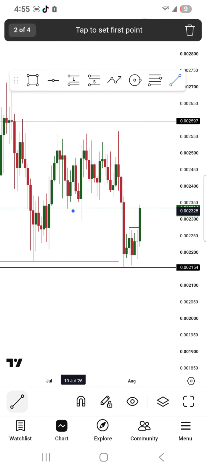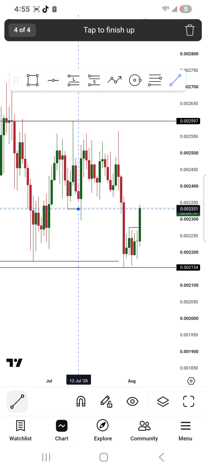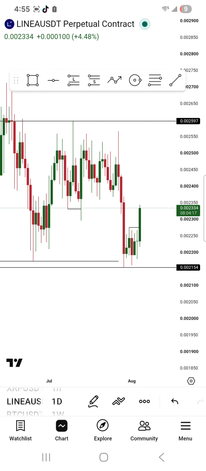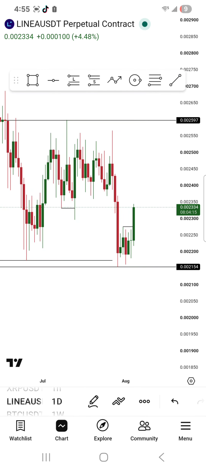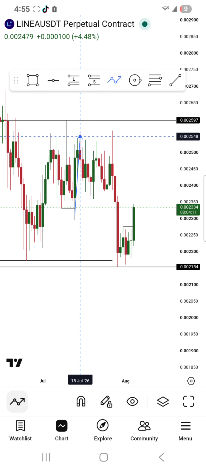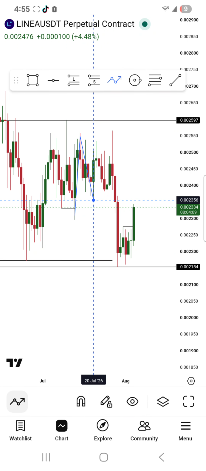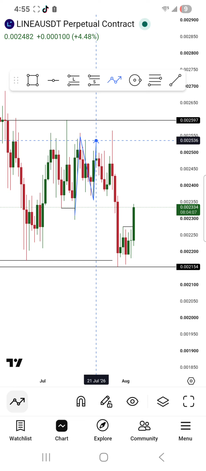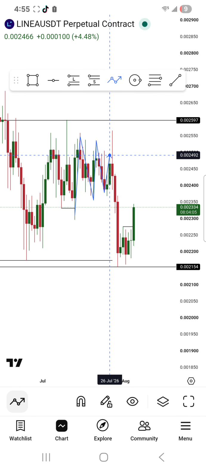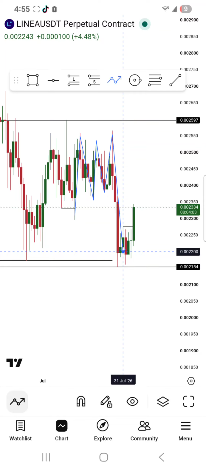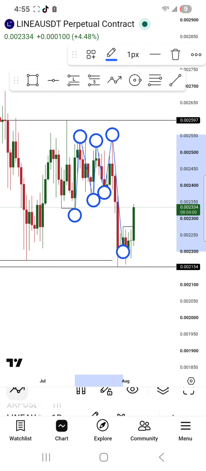So this is it here. We have this break of structure to the downside. Price retraced a bit, came back here, retraced, could not break, went down, and then broke this side and then broke this down.